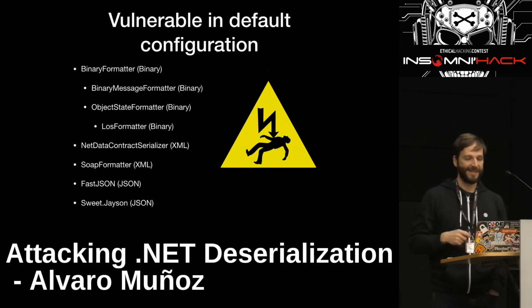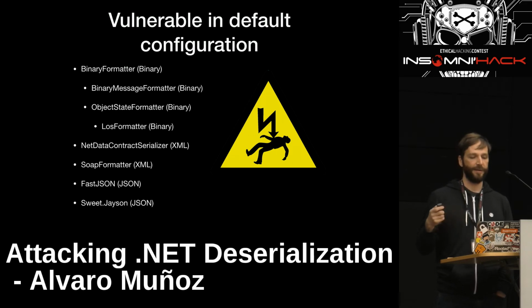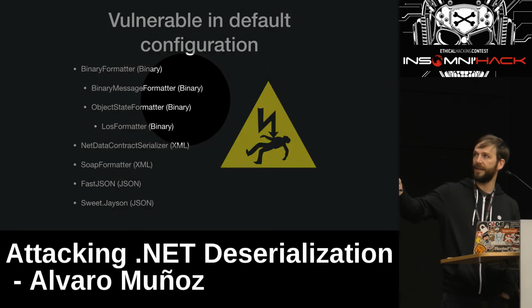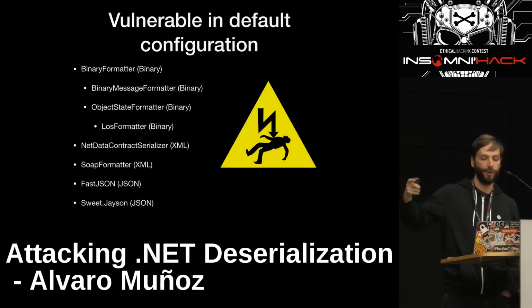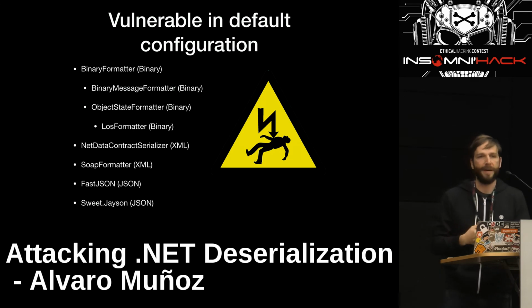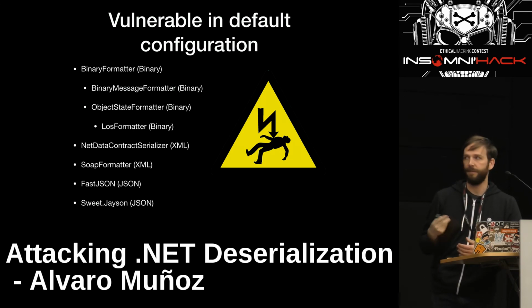So we extended the list by James Forshaw by looking at other serializers. James already said that BinaryFormatter is vulnerable in the default configuration, but BinaryFormatter is also used by other formatters, right? For example, the BinaryMessageFormatter is used by Microsoft Message Queue, the equivalent to ActiveMQ in Java.